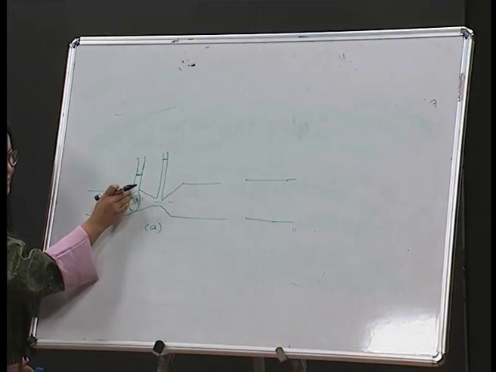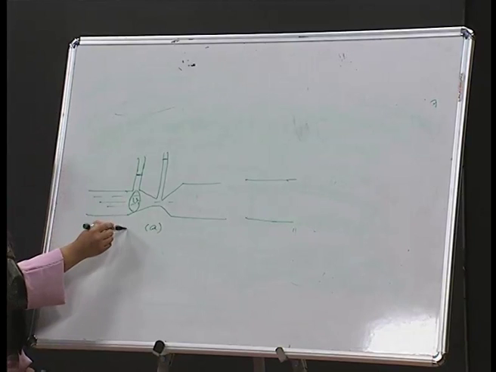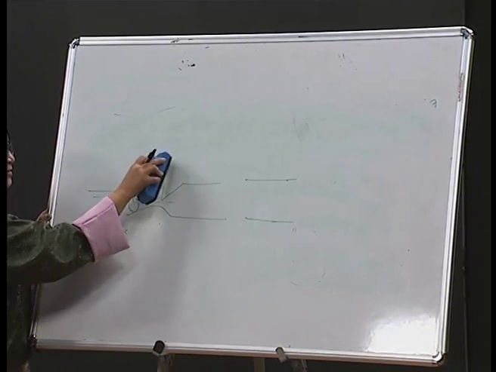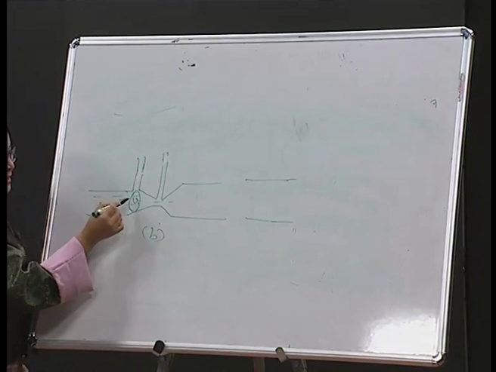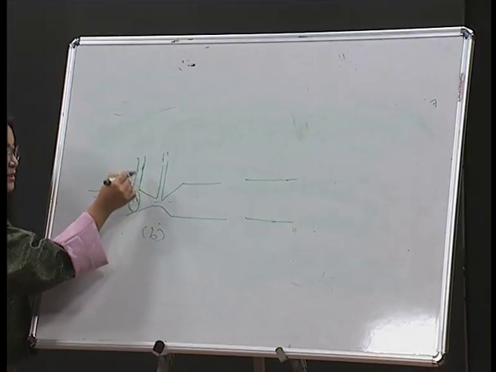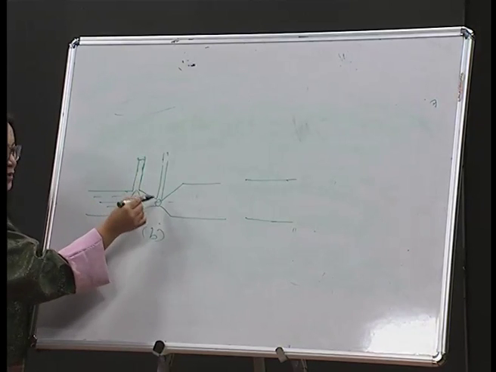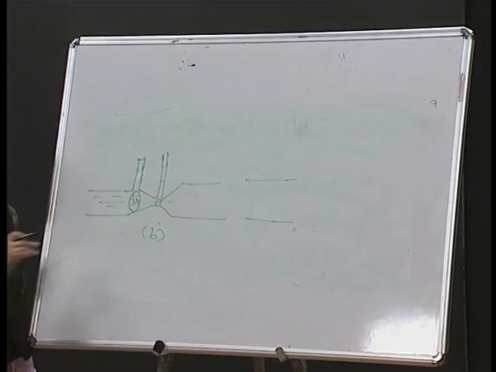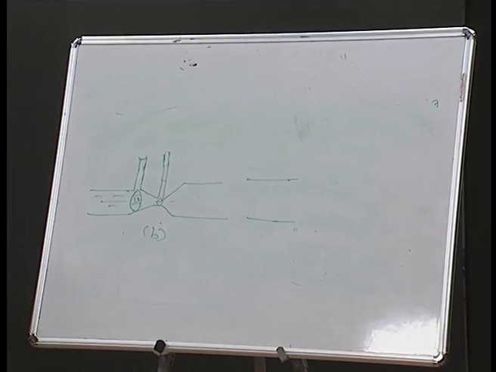More pressure means it will push the water up. So, naturally the first one is wrong. It should have been B. How? B would be the correct answer, because here more area, less velocity, high pressure. So, more liquid will be pushed up. Here less area, more velocity, less pressure. So, not much liquid will rise up, right. So, the correct answer is B.